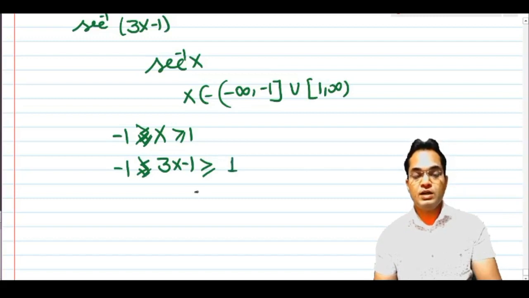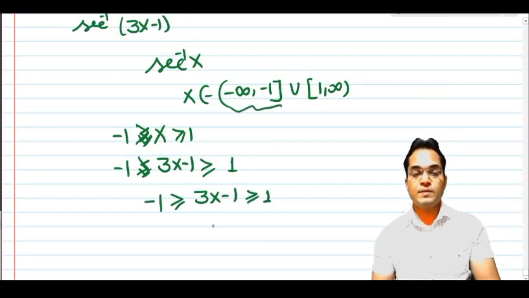I write it down again: 3x minus 1 less than or equal to minus 1 and greater than or equal to 1. Yes or no? Check it. Yes. That's why we add 1 on both sides: plus 1, plus 1, plus 1.